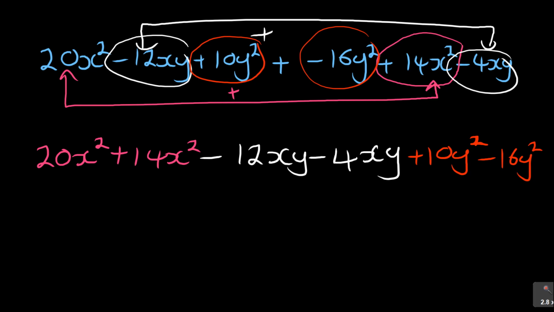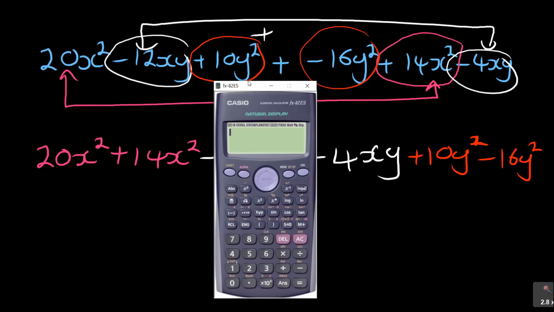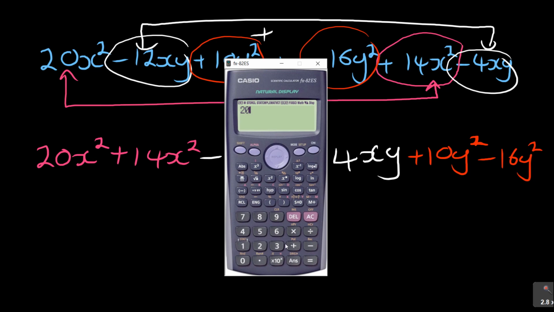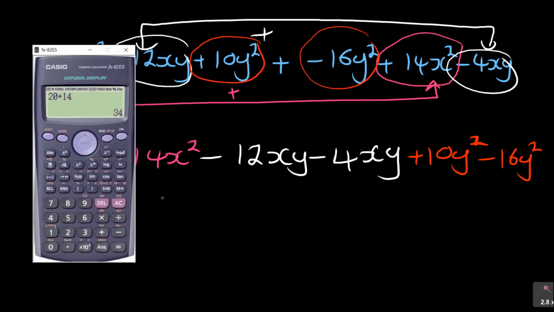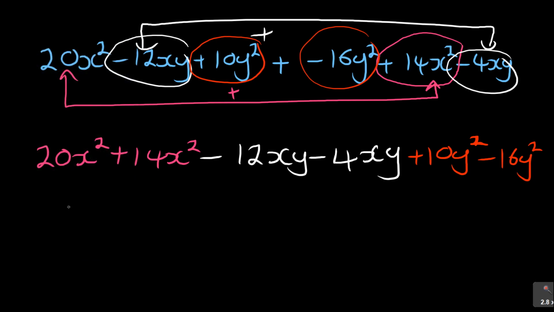When you are using the calculator, you're just adding. So for example here, 20 plus 14 is 34. On the other one, it's minus 12 minus 4, because it's the xy. I'm getting minus 16. The other one is 10 minus 16. I'm getting a negative 6.